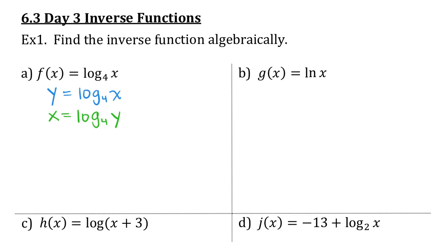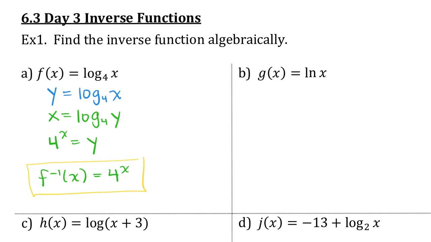In exponential form, the base is this little number. So 4 to the exponent, which is whatever the logarithm equals, and then it equals the argument. Now we normally solve for y. This is y equals, so I'm going to rename this as f inverse of x equals 4 to the x. And I found the inverse.